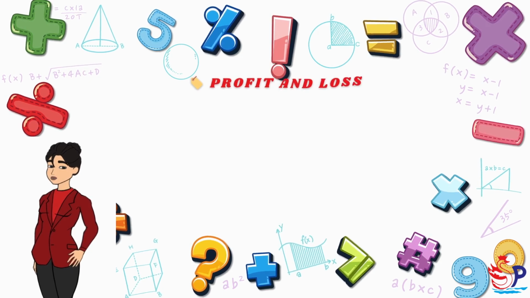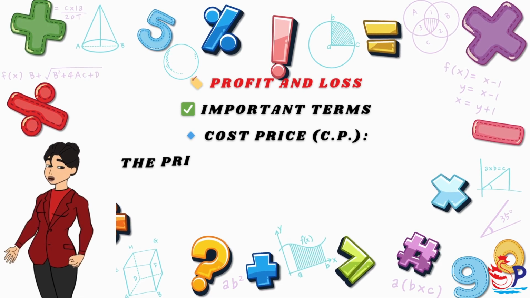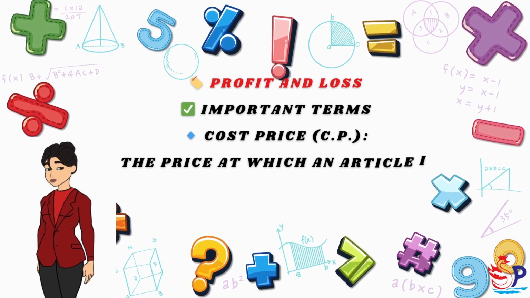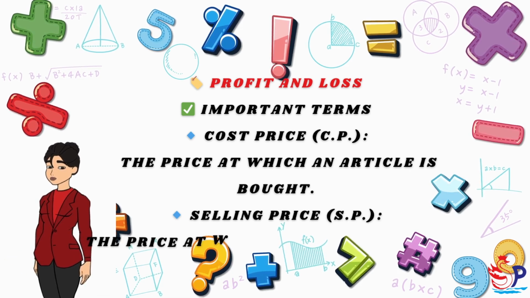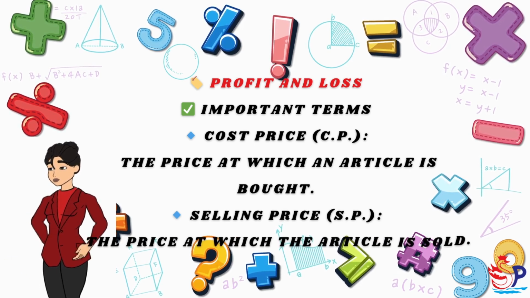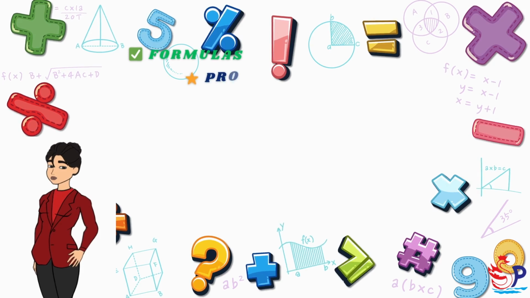Profit and loss. Important terms. Cost price, CP: the price at which an article is bought. Selling price, SP: the price at which the article is sold. Formulas.